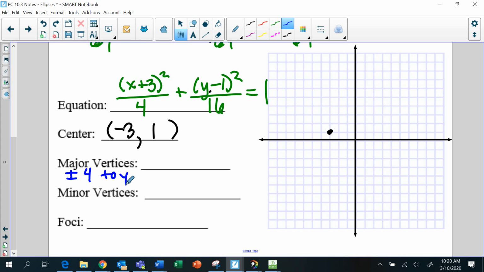So I'm going to plus minus 4 on the 1. I still keep the x's the same. So we've got negative 3, negative 3, 5.